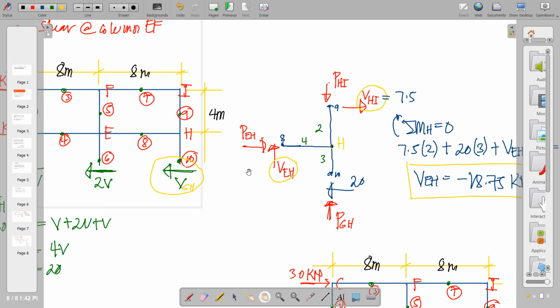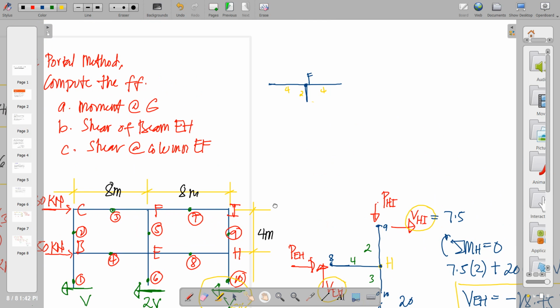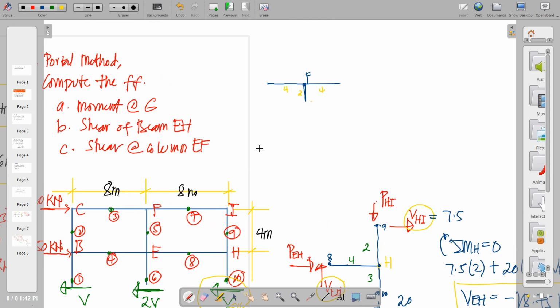That is actually 15. And I think we are done with the unknown, which is VEF.